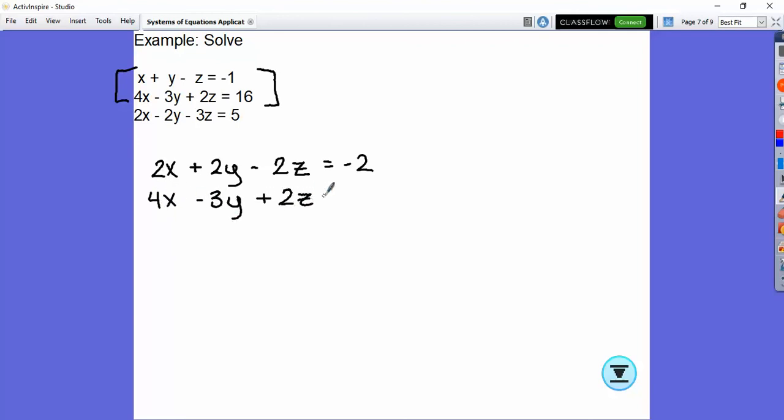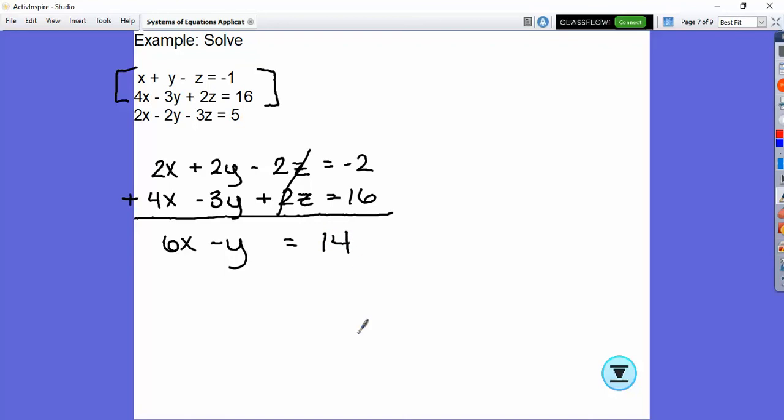And I'm putting that with the second equation. So when I add those together, I get 6x minus y equals 14.